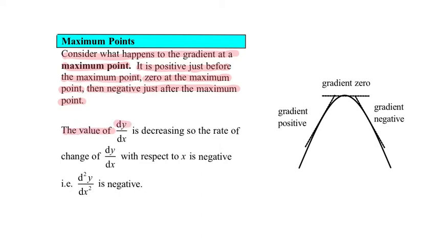The value of dy/dx is decreasing, so the rate of change of dy/dx with respect to x is negative. That means that the second derivative is negative. So if the second derivative is negative, we get a maximum.